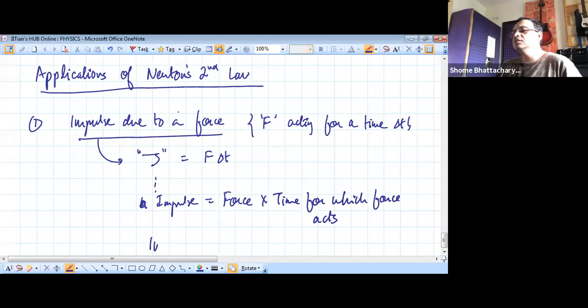So therefore, impulse is expressed in newton seconds in SI unit.